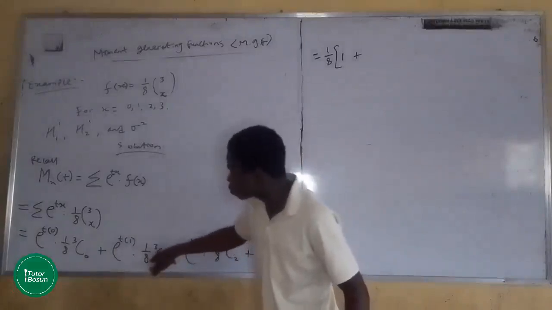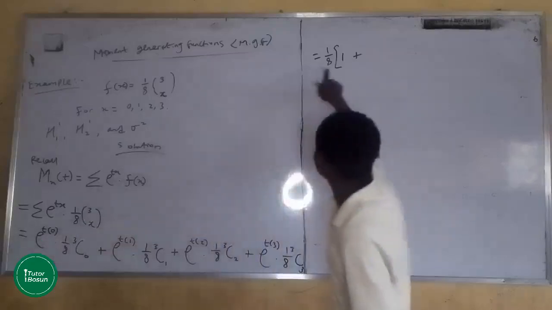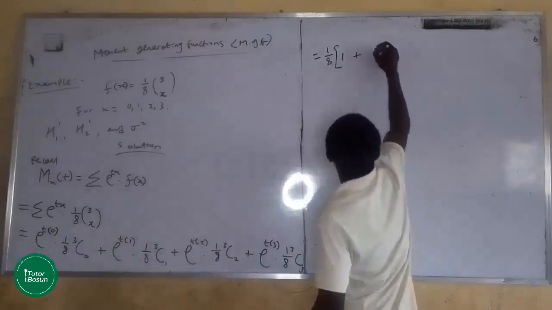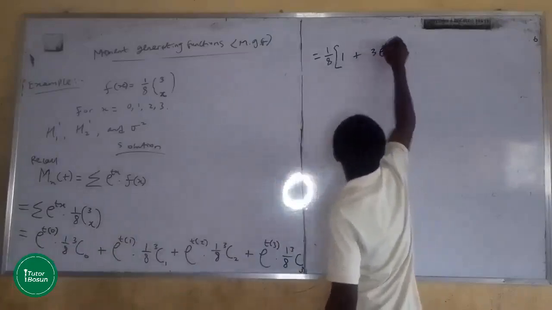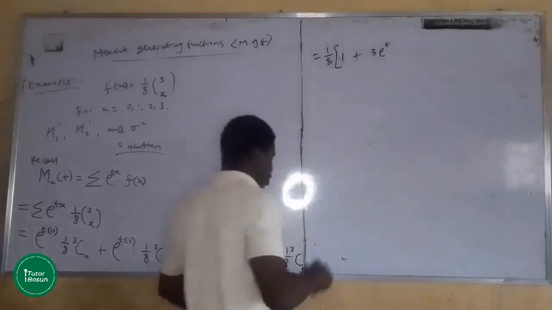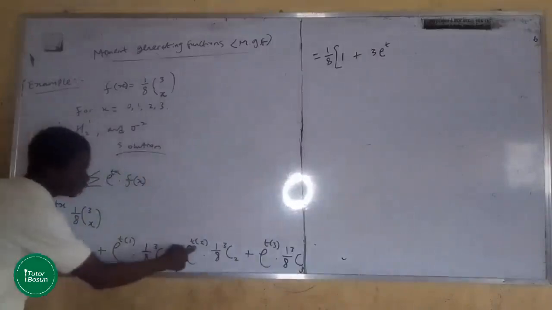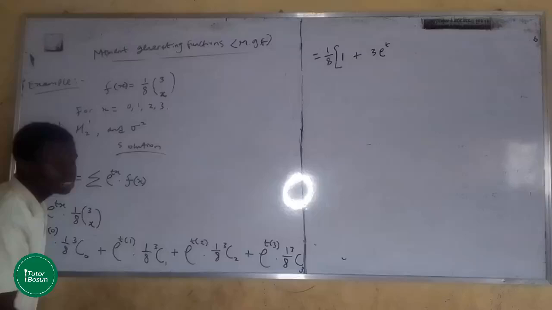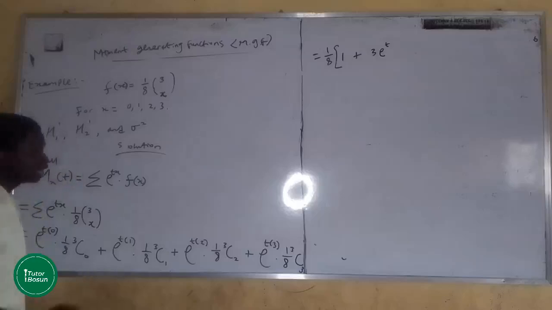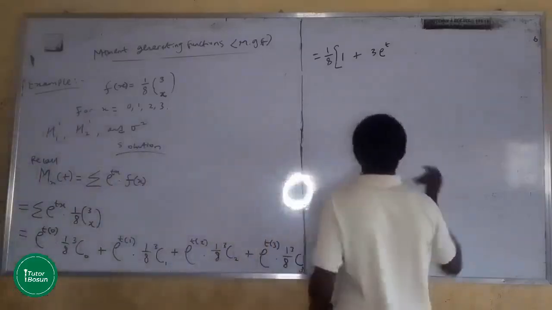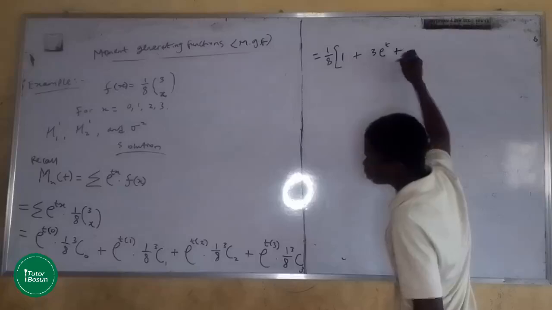Don't forget that 1 over 8 has been brought out, so we don't need to consider that 1 over 8. So this one will be 3 exponential t. Similarly here, we have exponential t times 2, that will be exponential 2t. 3 combination 2 is also 3. You can check that with the calculator.